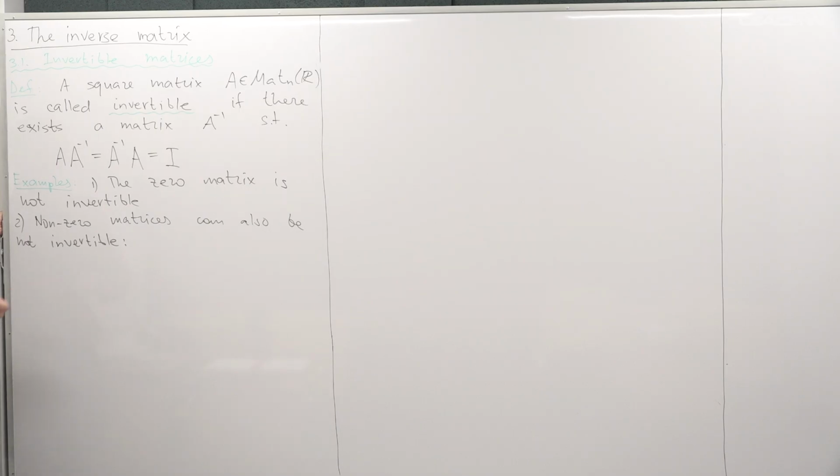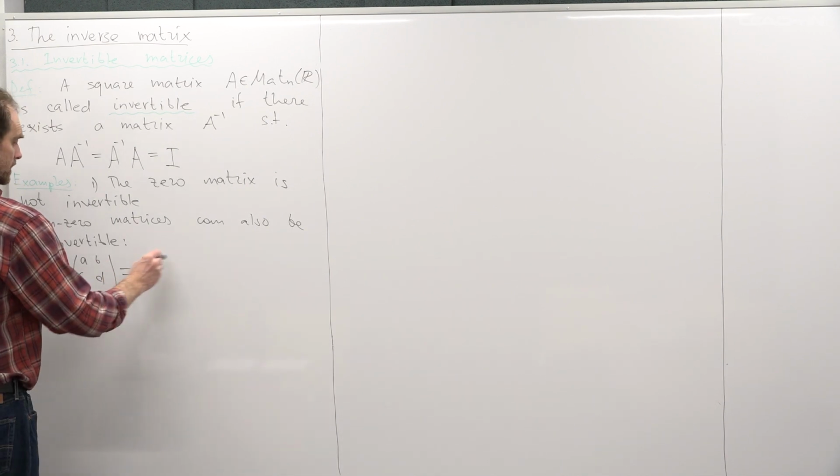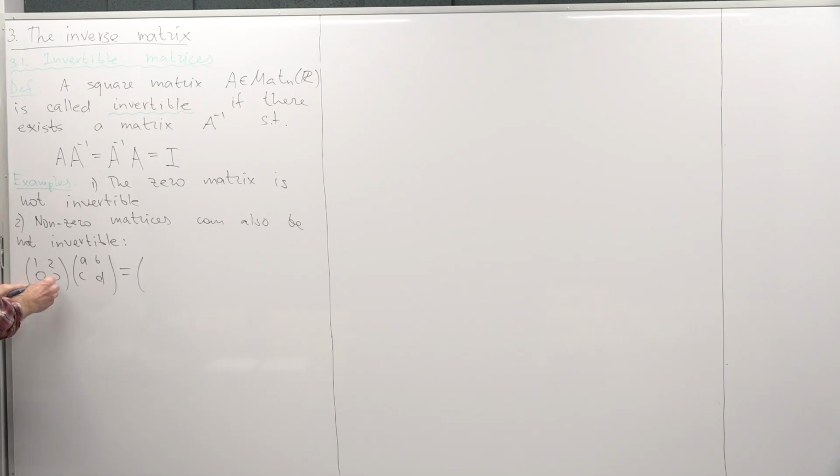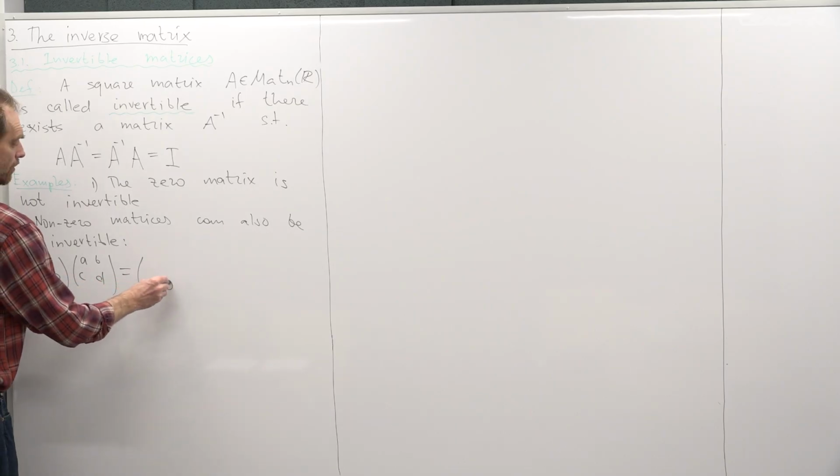So let us consider also rather trivial examples. So 1, 2, 0, 0. Okay, and so if I try to multiply this matrix by any other matrix with arbitrary entries A, B, C, and D, so I will get something here, and the problem is that I will get the row of zeros here.